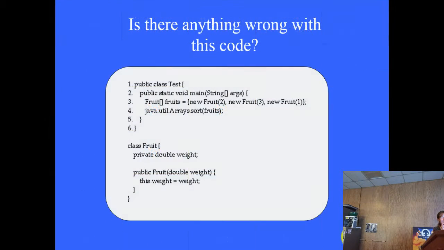Okay. We got some code going on here. And the top one just has line numbers next to it. But is there anything wrong with this code? Actually, this should have been the 5-point array list question.